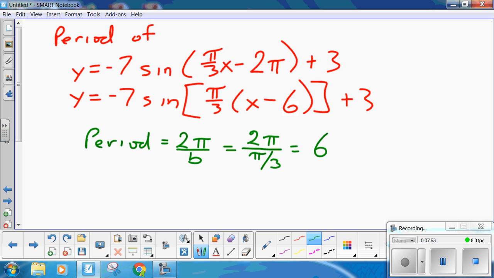I could also ask what's the range. There's that 2 pi divided by b. What's the range? You guys pause the tape and work on that. When you're ready, come back. It was minus 1 to 1. And then it transforms.